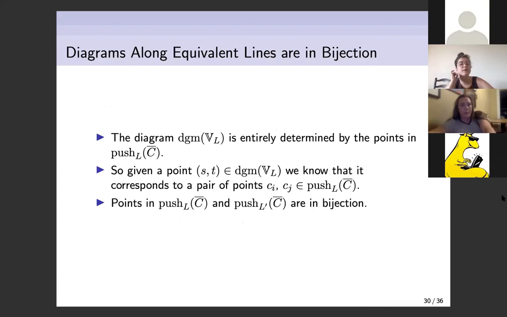As Robyn has said earlier, the diagram of the module restricted to L is completely determined by where the critical points are pushed onto that line.